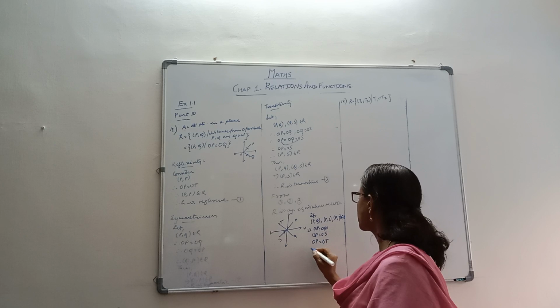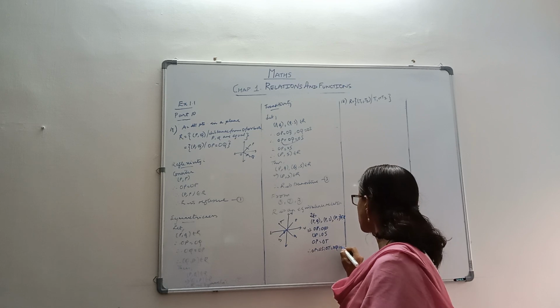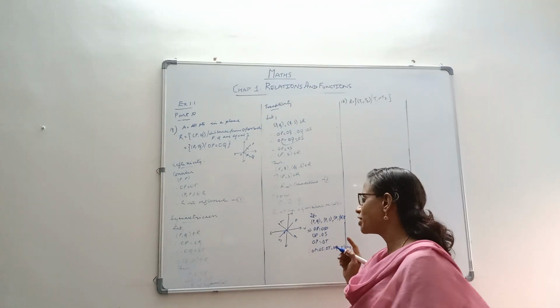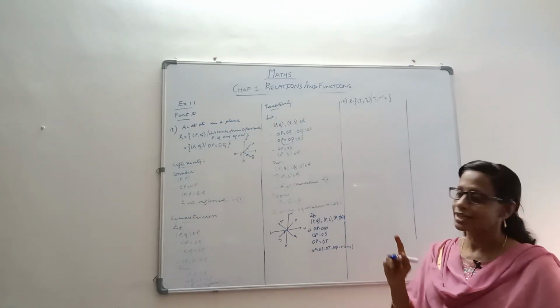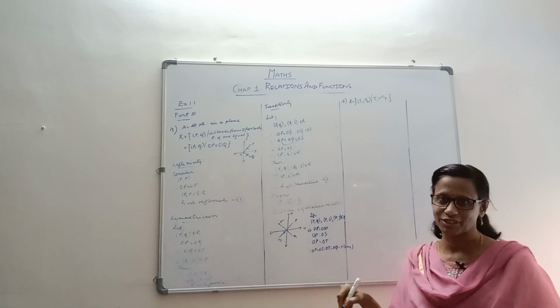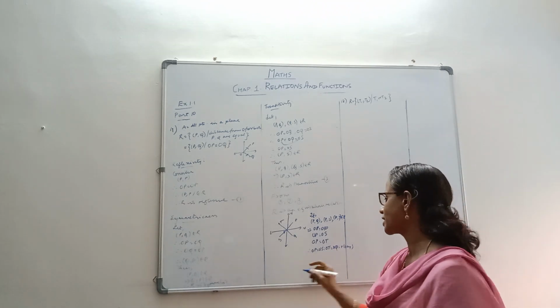So therefore it means that OP equal to OS equal to OT equal to OQ equal to some r. So from a fixed point O, these points are at a fixed distance. That is the definition of a circle. That is why these points are on the circle. That is what is asked in the question.